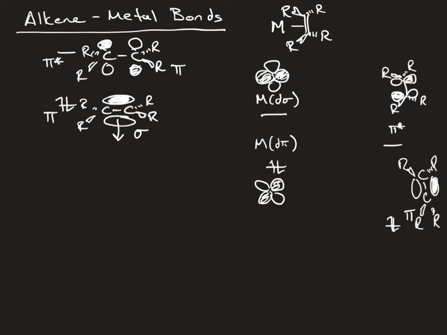We can look at the orbital interactions between the sigma and the pi type interactions.